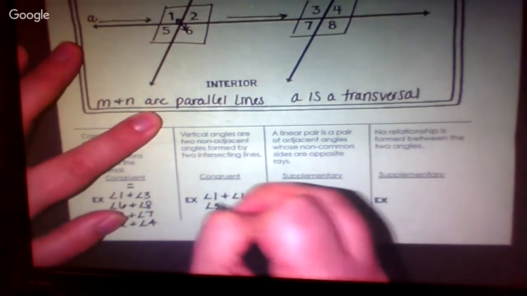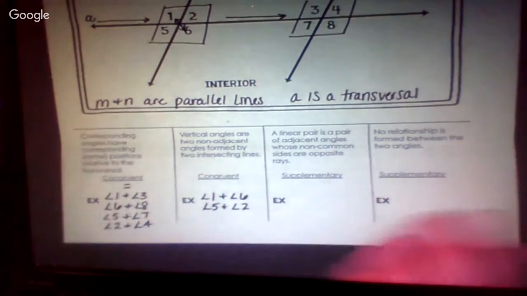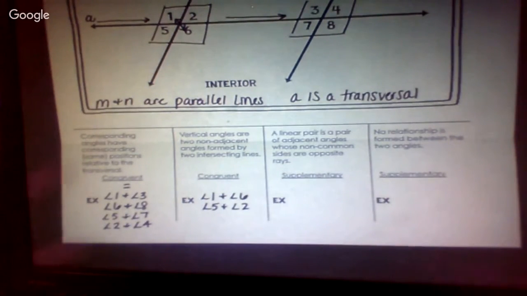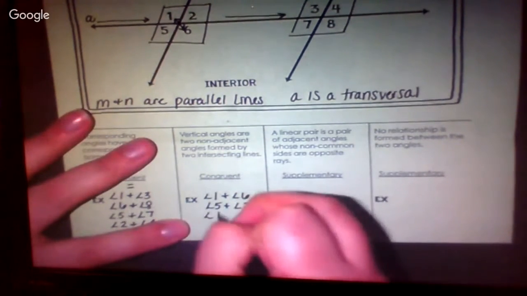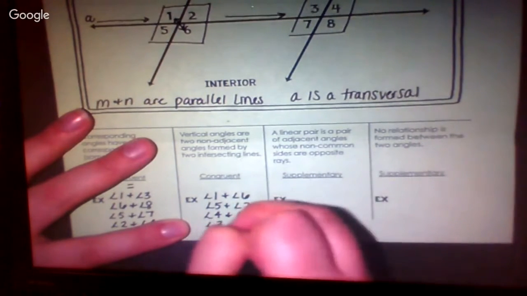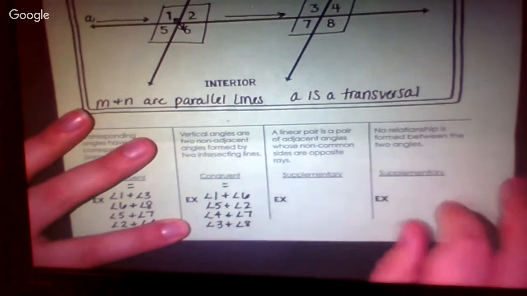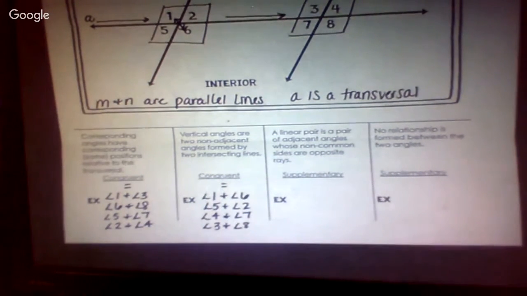Angle 5 and angle 2. Angle 4 and 7. And angle 3 and angle 8. And again, these are also congruent. So if angle 3 is 20 degrees, angle 8 is 20 degrees.